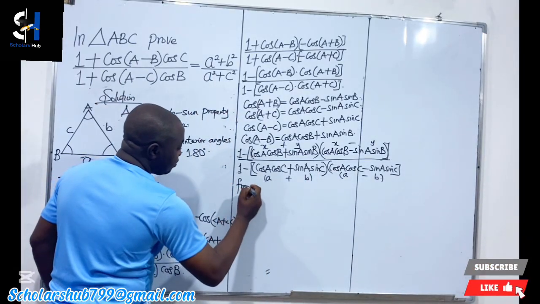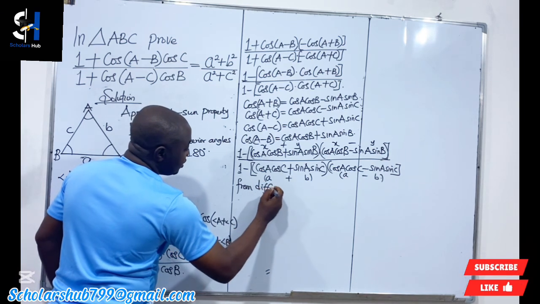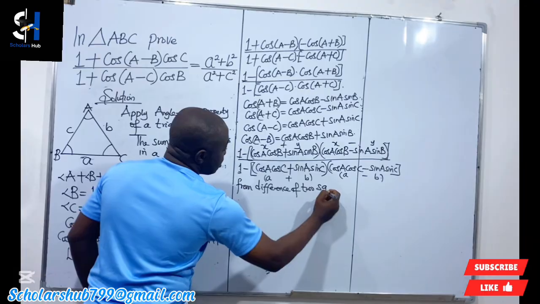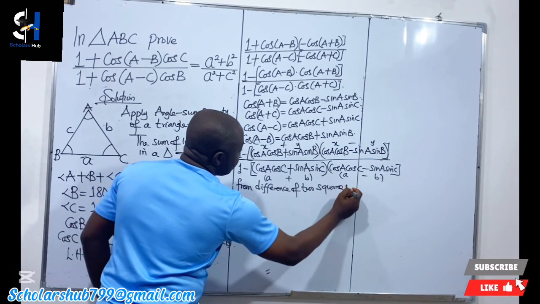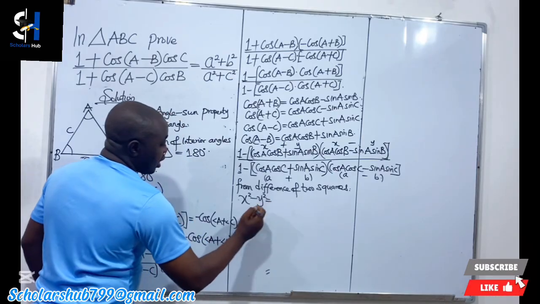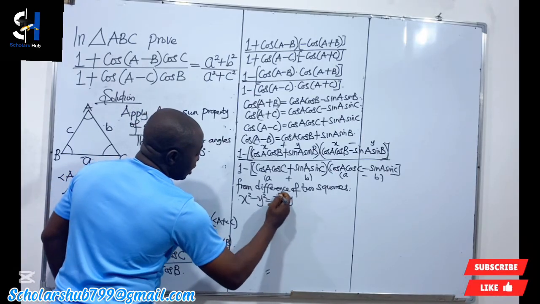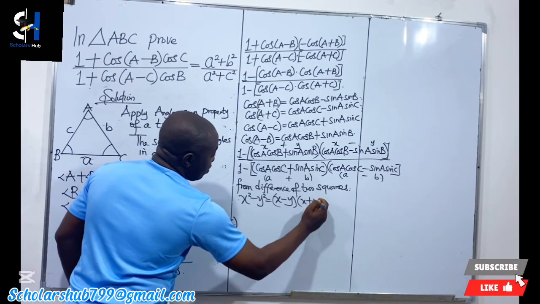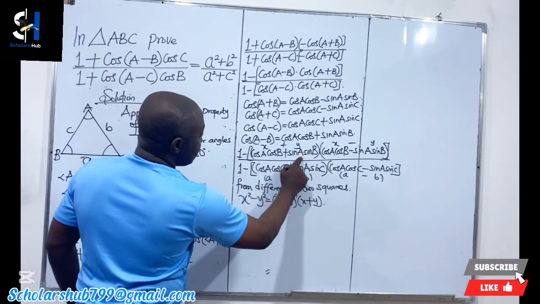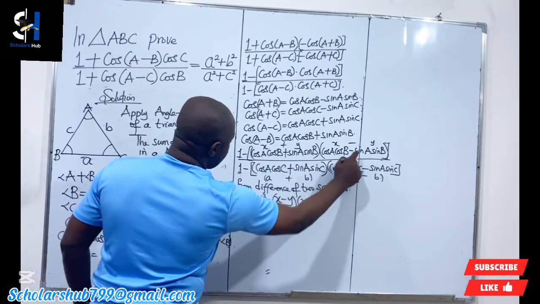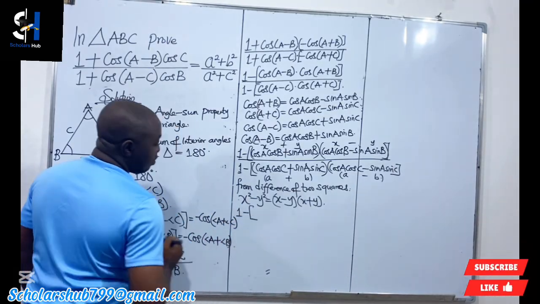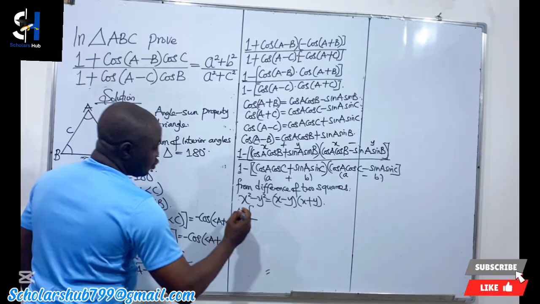So from difference of two squares, we know that x squared minus y squared will be x minus y multiplied by x plus y. So we have x plus y in this case, and we have x minus y. Which means the numerator will now be 1 minus open square bracket.